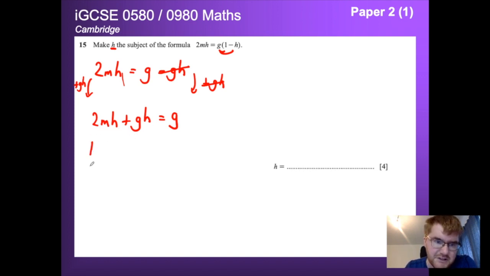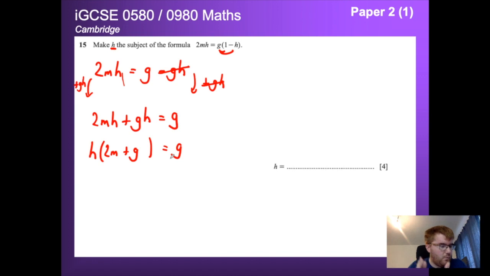So I'm going to bring h out here, I'm going to make a single bracket, and then we work backwards. So what do we multiply h by to get 2mh? Well, 2m. What do I multiply h by to get gh? Well, just g. And the reason we've done that, we've now reduced the number of terms with h from 2 to 1, and now we can just divide by the bracket.